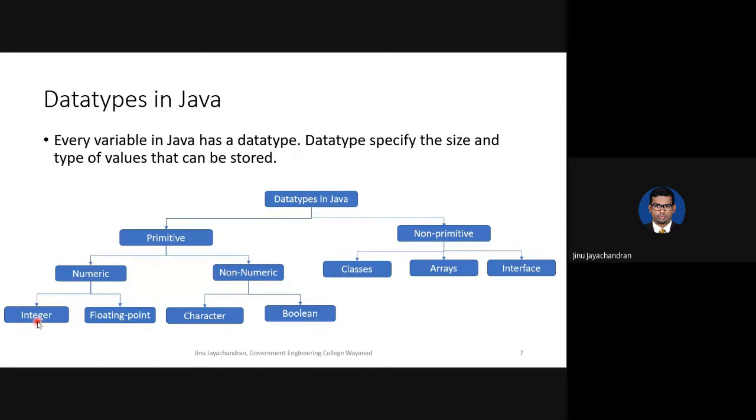Numeric is like integer and floating point, which have been there since C. Non-numeric means char and boolean. Non-primitive is something which has come recently or which has been defined in Java and is not there in the older languages, except arrays. Classes were introduced only in C++. Interface is a new type of data type introduced in Java, which we'll see as we go.